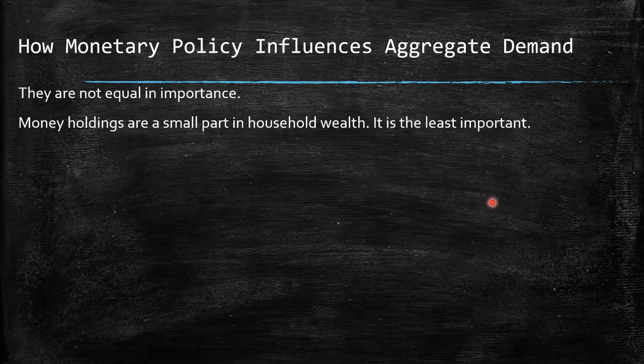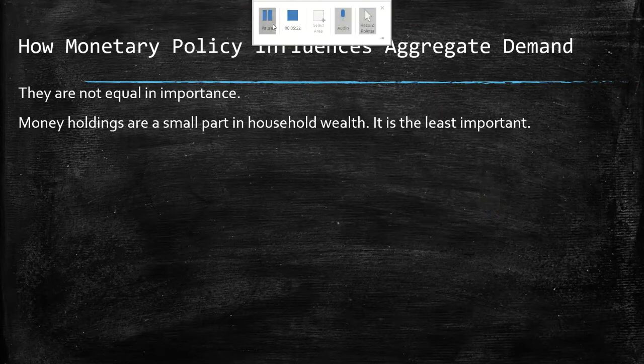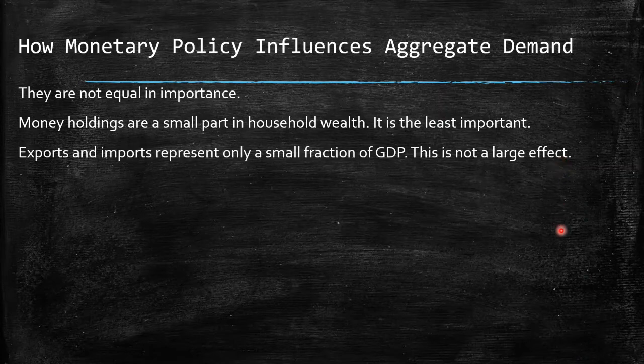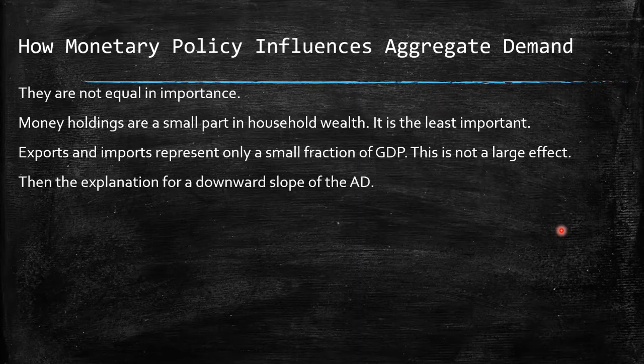They are not equal in importance, these three presented before. Money holdings actually are a small part of a household's wealth, and it is the least important. The other part, exports and imports, represents only a small fraction of GDP, and this is not a large effect.